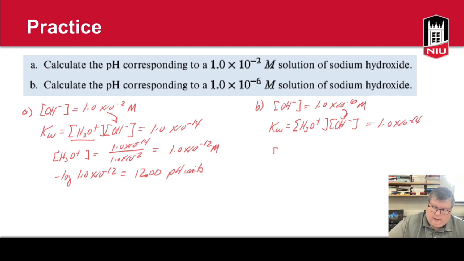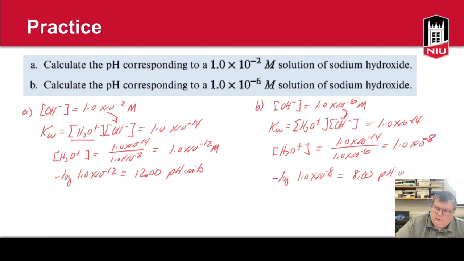And we get the H3O plus concentration is equal to 1.0 times 10 to the minus 14th over 1.0 times 10 to the minus 6th, which is 1.0 times 10 to the minus 8. Take the negative log of 1.0 times 10 to the minus 8. That equals 8.00 pH units. So we can see that as the concentration of hydroxide decreases, so does the pH.